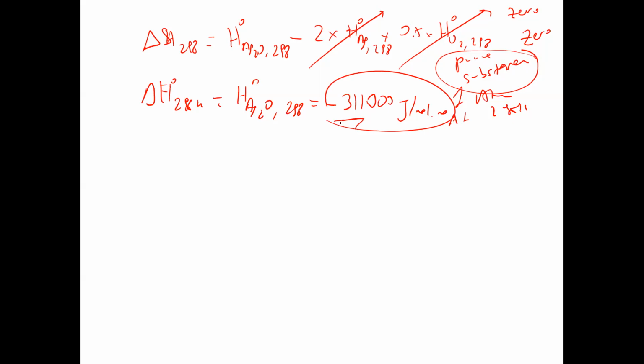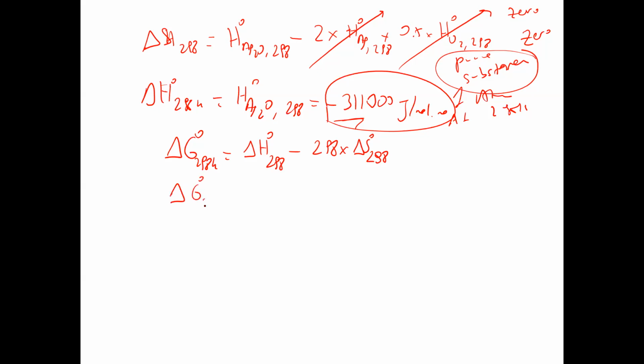This amount of energy is produced based on this reaction. But in order for us to decide if the reaction goes to the right or left, we need to look at our driving force, delta G at 298 Kelvin: delta H 298 minus 298 times delta S at 298 Kelvin.